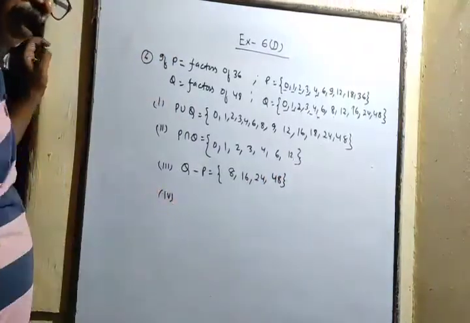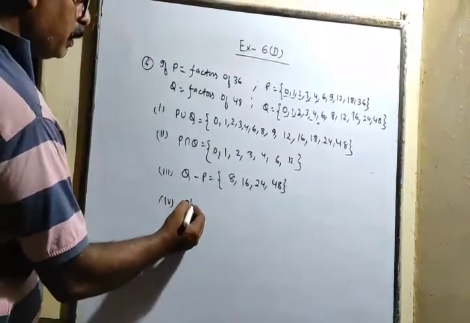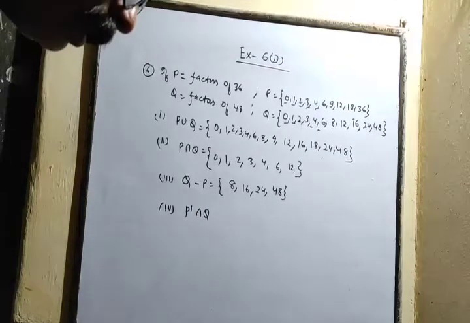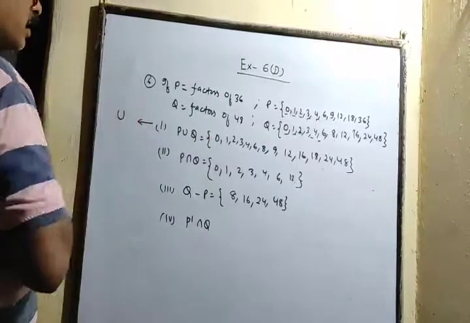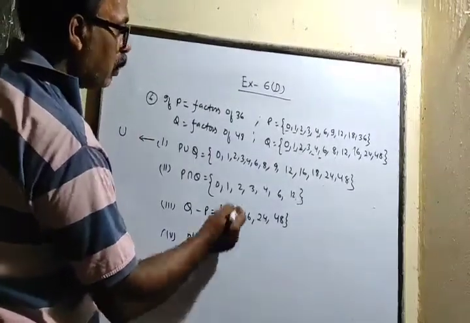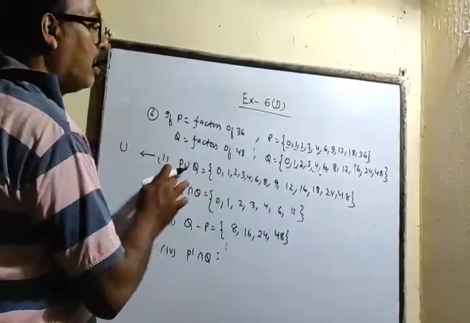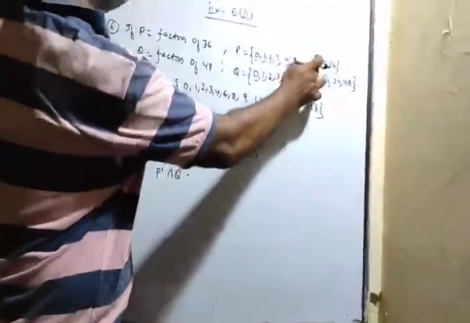The last one is given here. You have to find P dash intersection Q. So the question arises, what is P dash? This one will behave as the universal set. So P dash will be the members of the universal set which are not in P. The universal set is 1, 2, 3, 4, 6, 8, 9, 12, 16, 18, 24, 36 and 48, and we'll leave out the members of P, which are 1, 2, 3, 4, 6, 9, 12, 18 and 36.